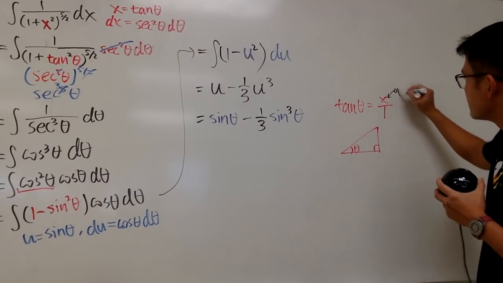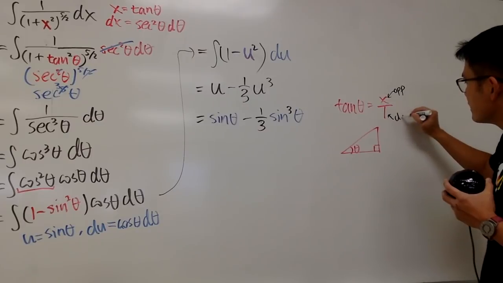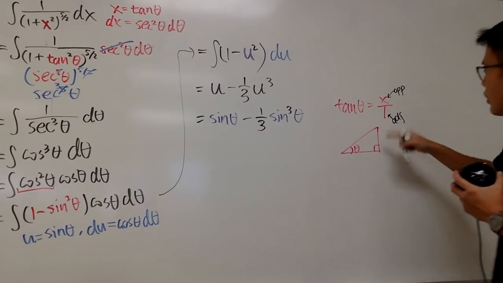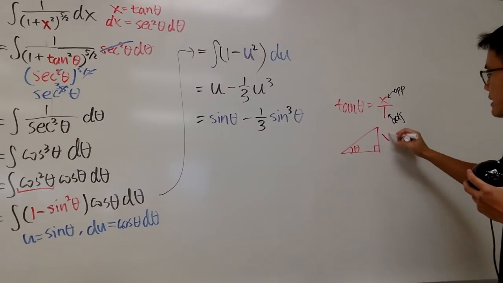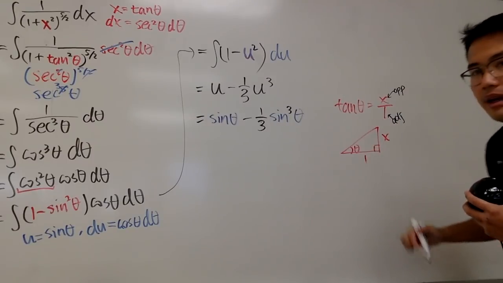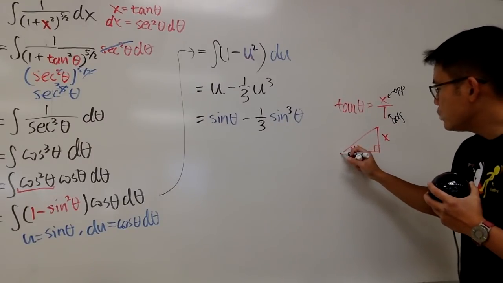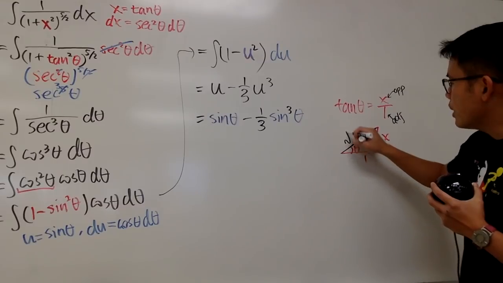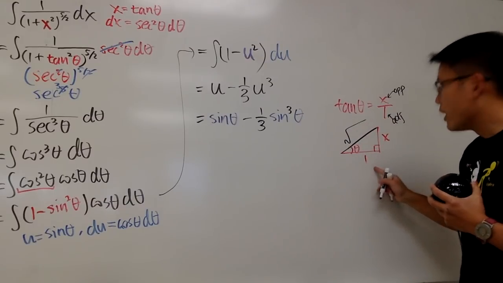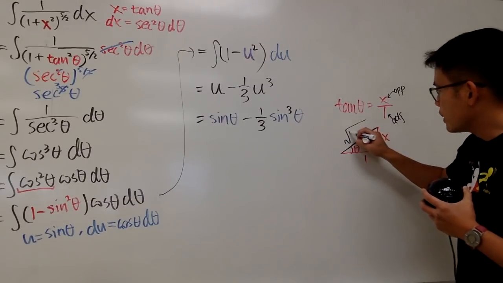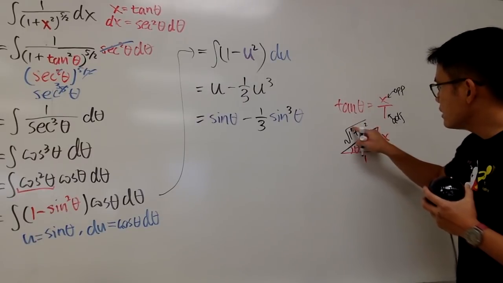So this is the opposite side, and this is the adjacent side. So this right here is the x, and this right here is just 1. And for the hypotenuse, the easy way to do this is you open a square root, and you do this square plus that square. So of course we get 1 squared plus x squared, like this.